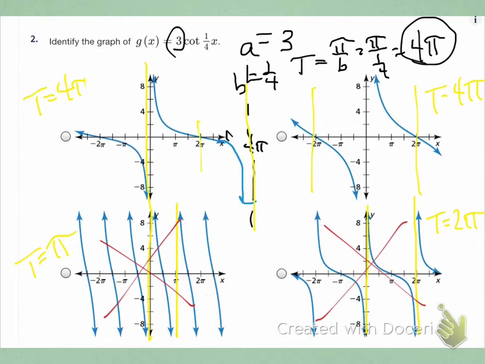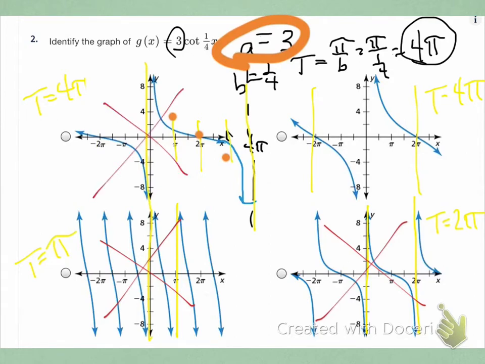If I split in half, and then half again, that's where my key point should be. My key point should be where? At 0, 0. Then if I go left one, I should be up, what was my A? I should be up 3. Whoops, a little higher than that. 3 is about right there. If I go right one interval length, I should be down at negative 3. Does my graph match up with those? No, it doesn't. So, what do I know? Again, process of elimination, that one's out.